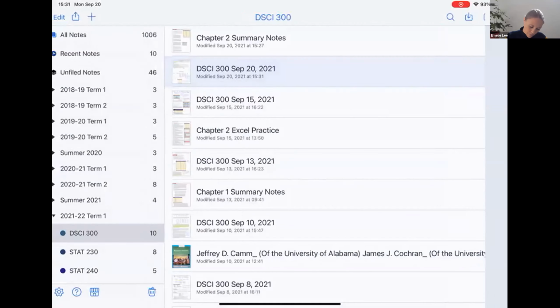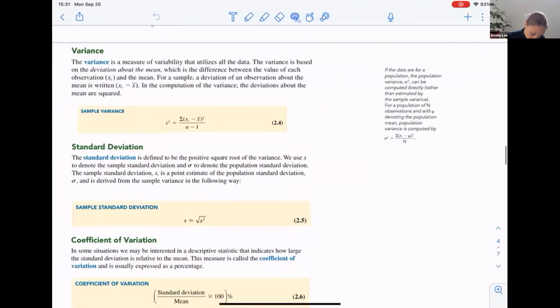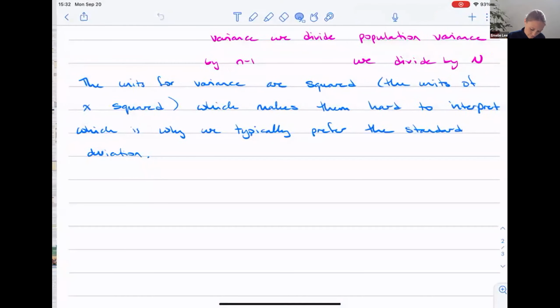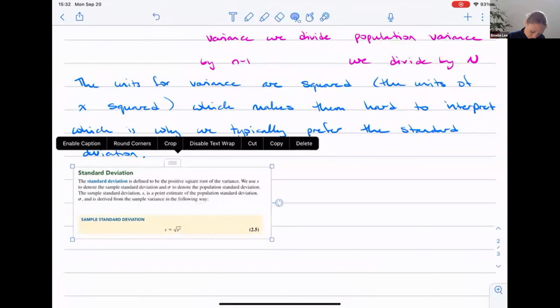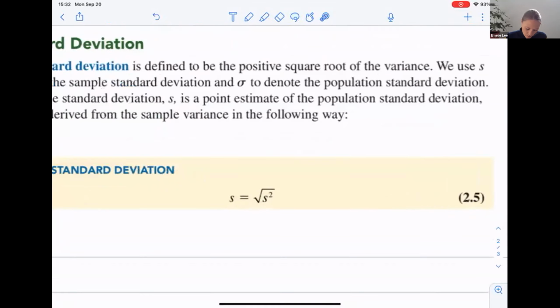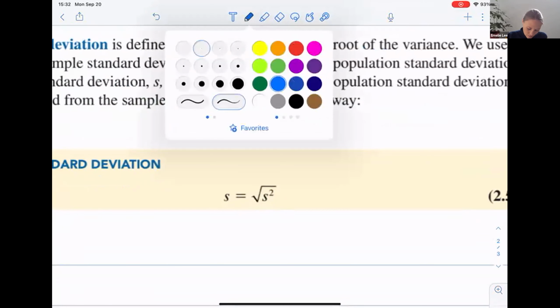So let me bring in the standard deviation here. The standard deviation is the positive square root of the variance, right? And so that's how we're going to get rid of that square. And so notice that it's really just the variance square rooted.